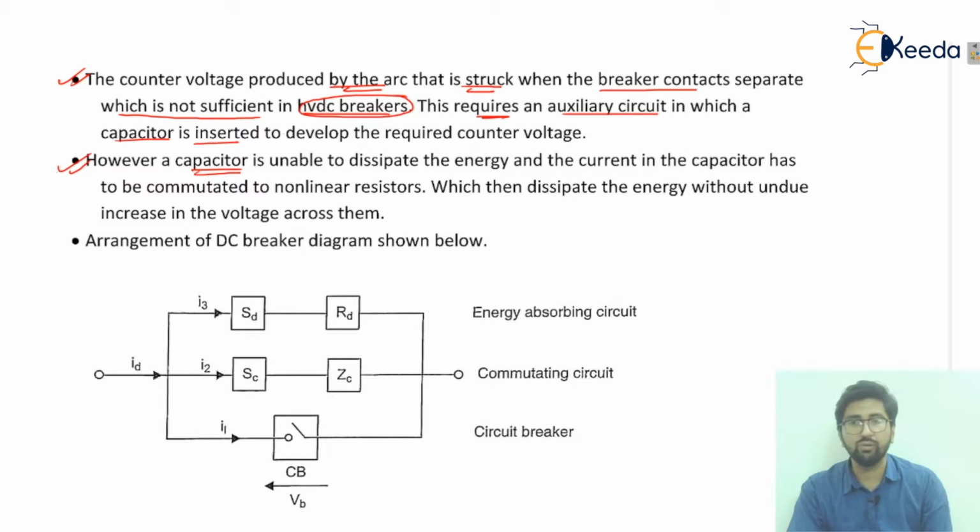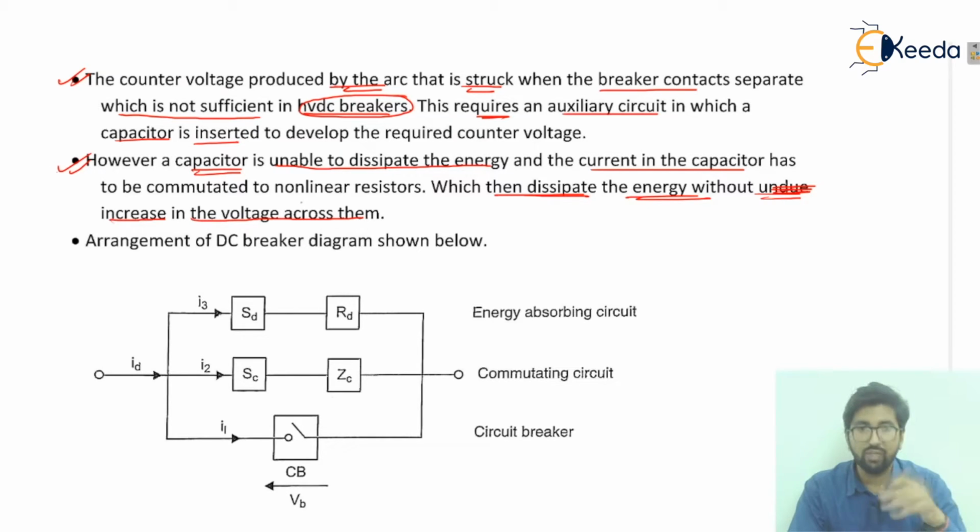So it is clear that a capacitor is unable to dissipate energy, and the current in the capacitor has to be commutated to the non-linear resistors, which then dissipate the energy without an increase in the voltage across them.